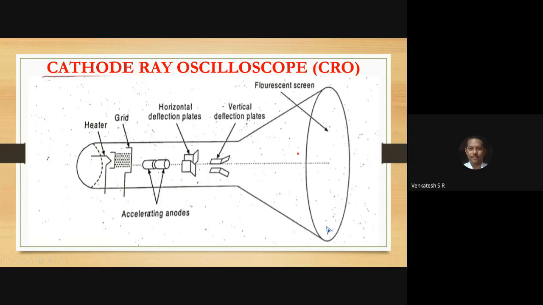A good example is the monitor of your computer, TV screen, ECG screen, any monitor. These monitors are made of cathode ray oscilloscope.